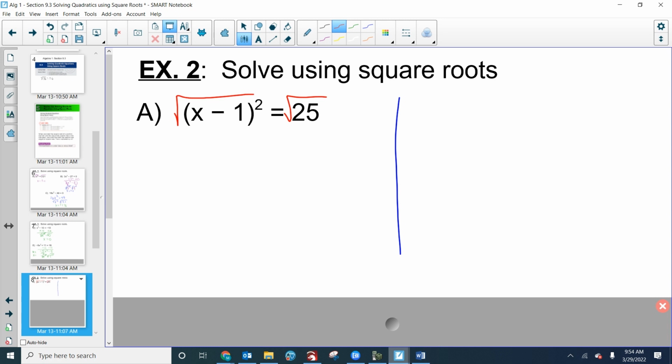What's the square root of x minus 1 squared? Just x minus 1, right? That square root cancels that square, and I'm left with x minus 1. And what's the square root of 25? Not just 5. What's wrong?